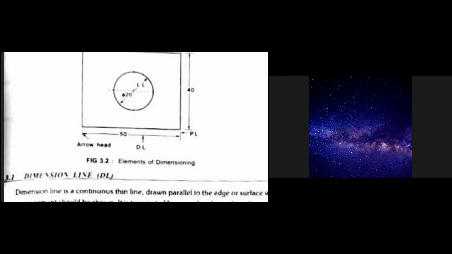See here, this DL is the dimension line. This line is parallel to the constructing line and within the projecting lines. And the next element is arrowheads. These arrowheads we can term as the termination of the dimension lines. That is, the starting and ending of the dimensioning lines we can terminate by arrowheads. That is the shape.